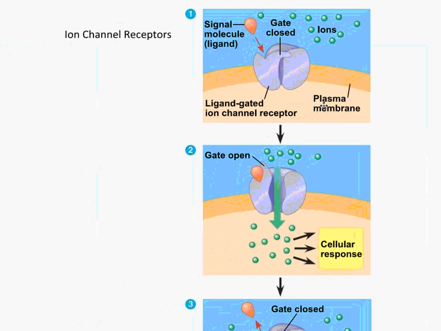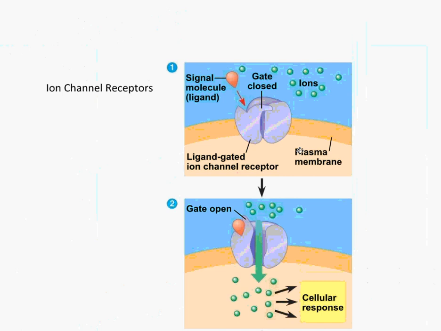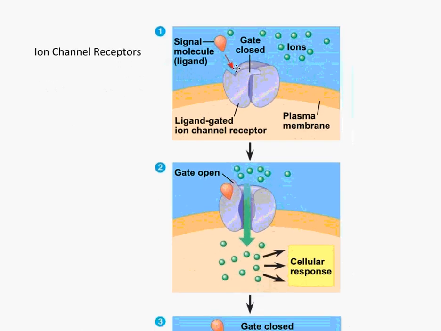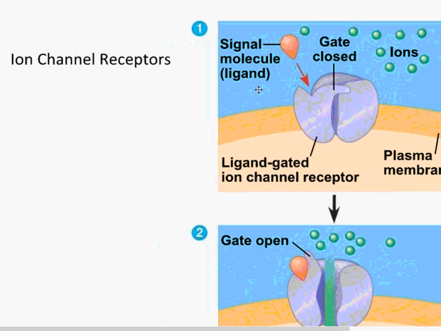Another type of signal transduction pathway would be the ion channel receptors. Ion, because the ions are what is going to go through the channel. I showed you this one in a previous video. You have the signal molecule here, and the signal molecule acts just like a key to a gate.